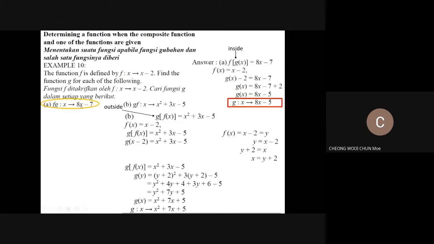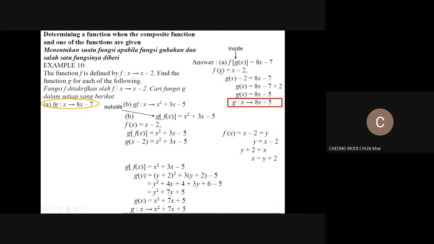So for the inside one, given fg(x) equal to 8x minus 7. If you want to find the inside function, from the given f(x) equal to x minus 2, you put g in front of the x, so you get fg(x).